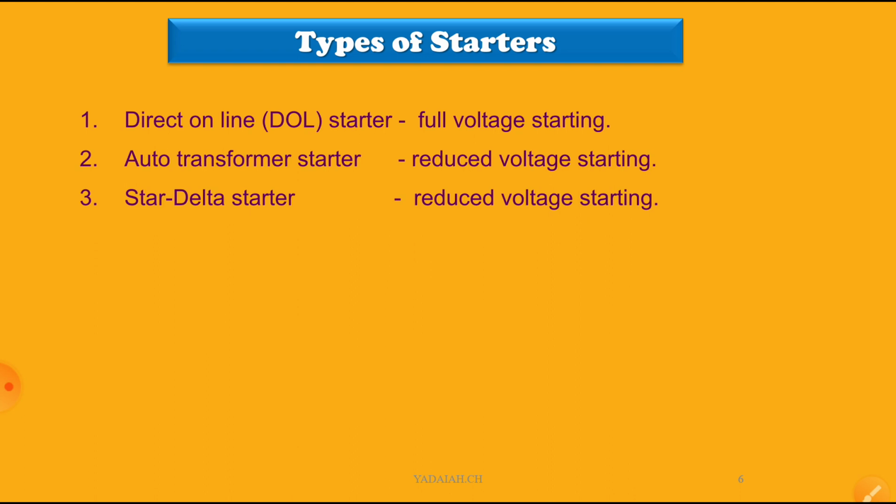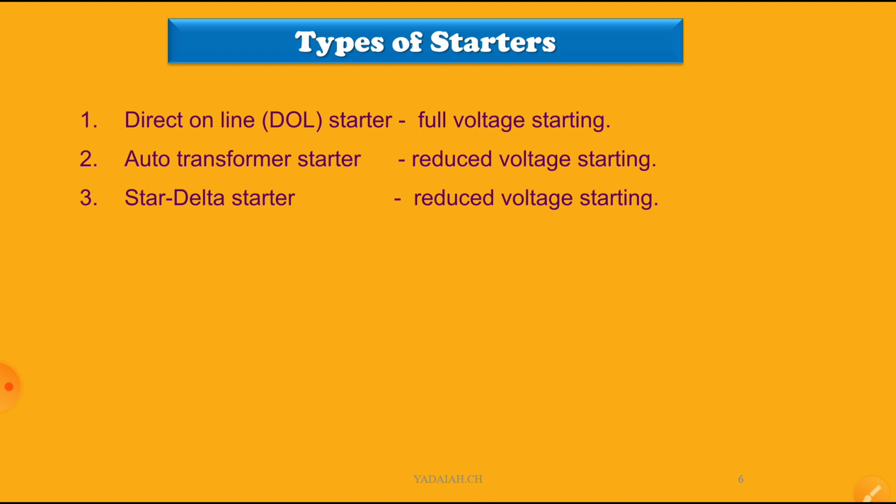Nowadays we are using the manual star delta starter as well as the automatic star delta starter. The starter has a timer provided inside. Once you press the green button, it is connected automatically in star connection.